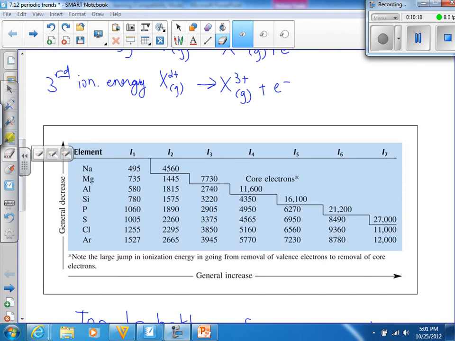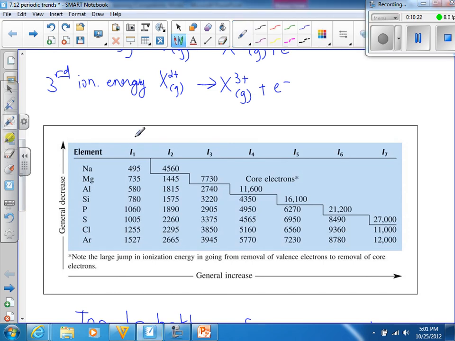All right, the very last thing we're going to go over is comparing the first, second, third, fourth, fifth, sixth, seventh ionization energies. When do we get these huge increases in the ionization energy? If we look here, notice, for sodium, first ionization energy, second ionization energy.